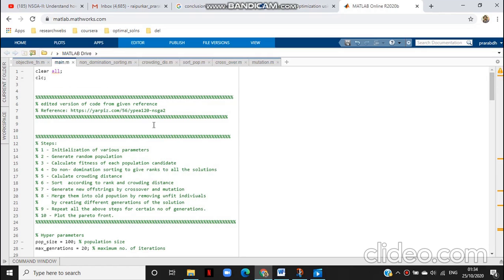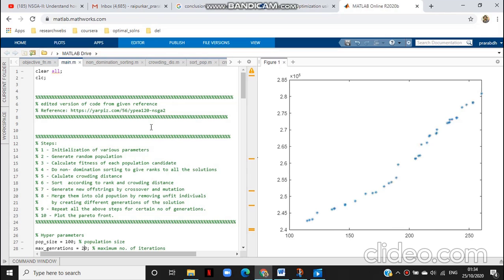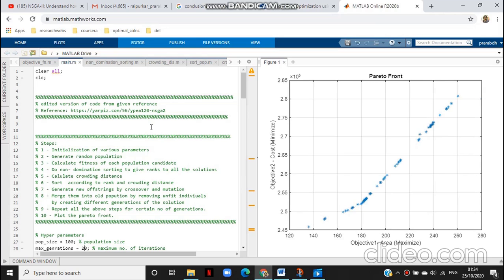Let's run the code, and we will see the Pareto front changing over the 20 generations. See, as was very much expected, we got this tick-mark shaped, parabola shaped Pareto front of rank 1.